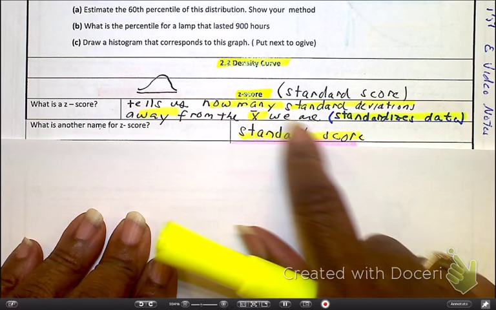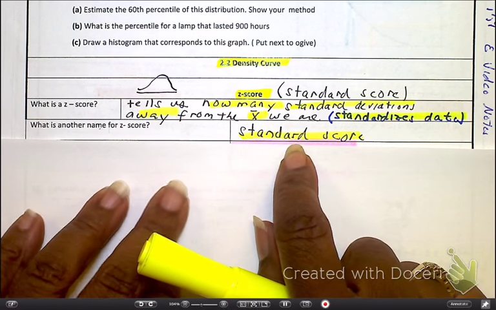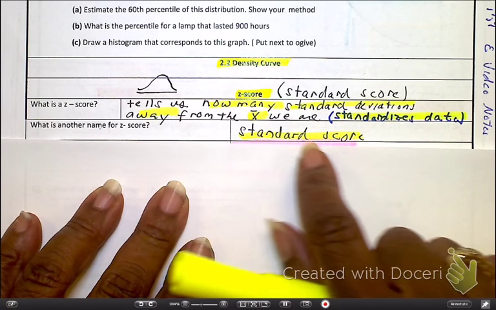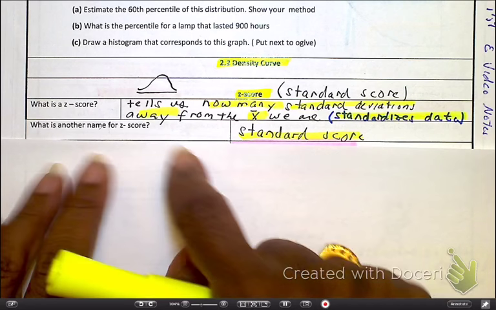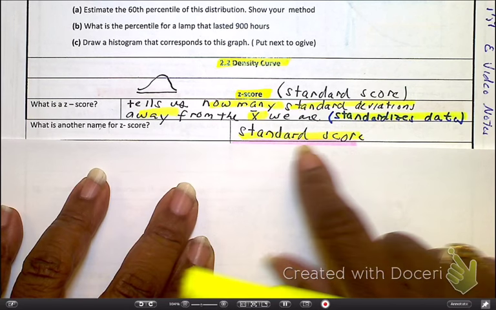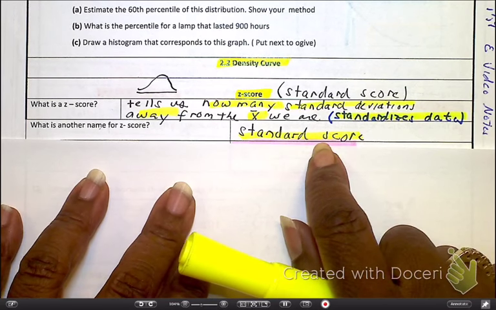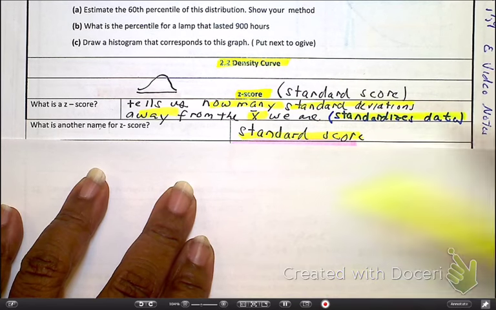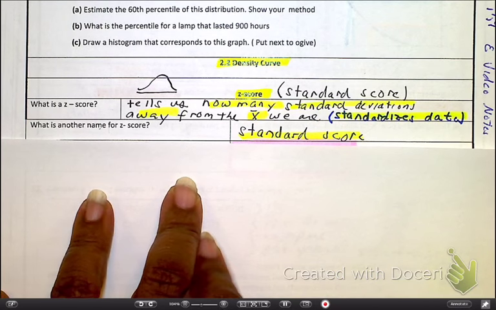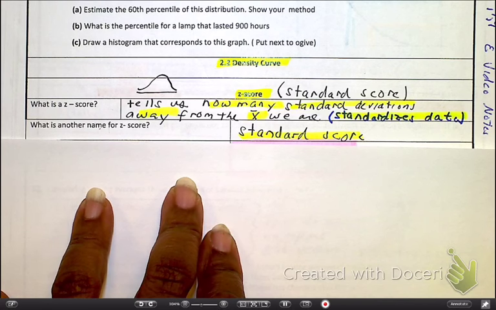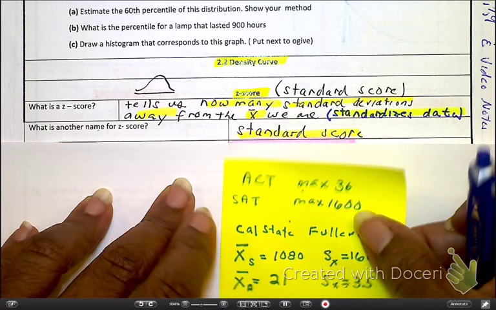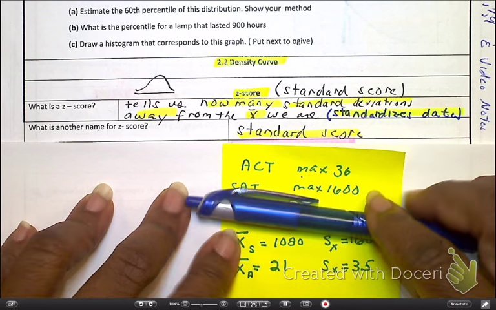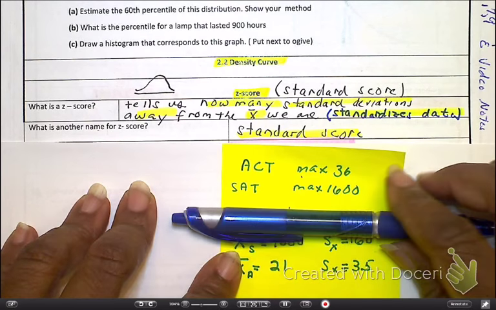As a reminder of that last video, we also refer to the z-score as the standard score. The reason is that we like to standardize the data. The best example I can give you, very applicable to you right now, is your ACT versus your SAT scores.